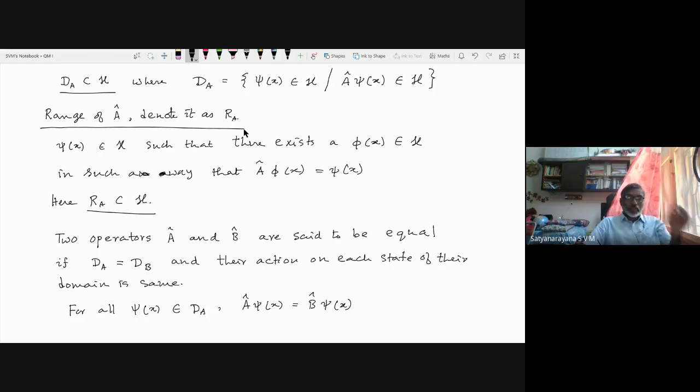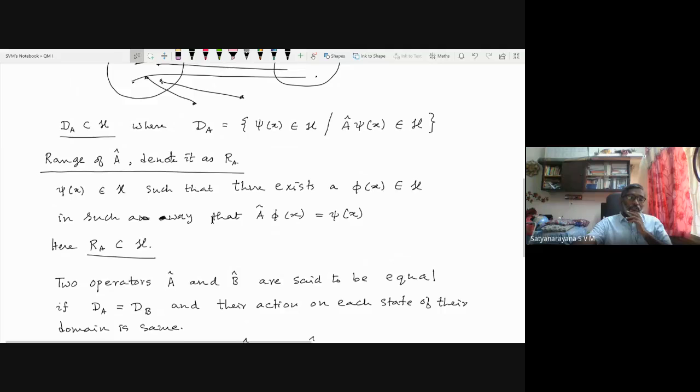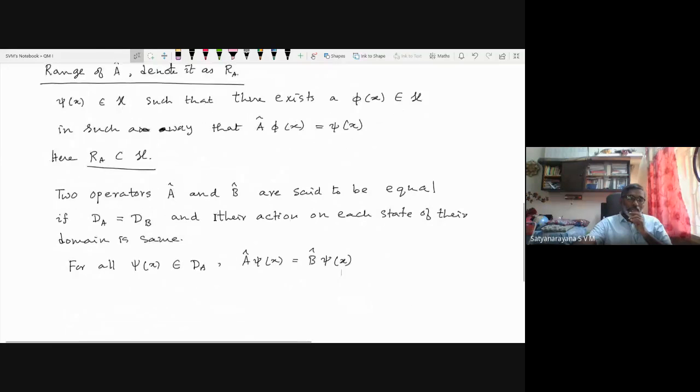Two operators are said to be equal only if their domains are the same and their action on each state, or each wave function, of their domain is the same. So this is the definition of when two operators are said to be equal.